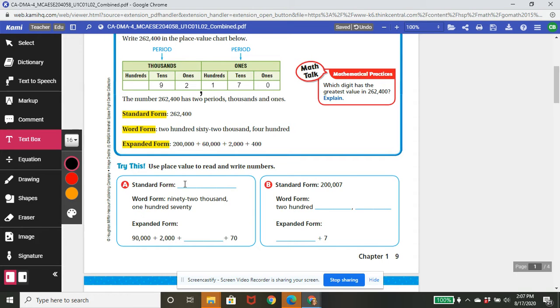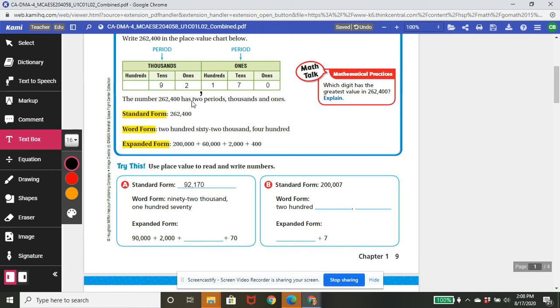So 92,170. So let's write that out in standard form. 92,000, that comma says 1,000, 170. Okay? Now I need to write it out in expanded form. And they already started it off for us. So they put in 90,000 for the 9 in the 10,000s place.